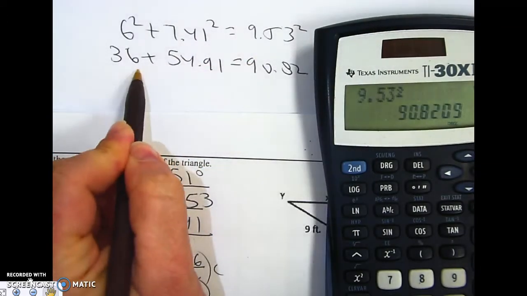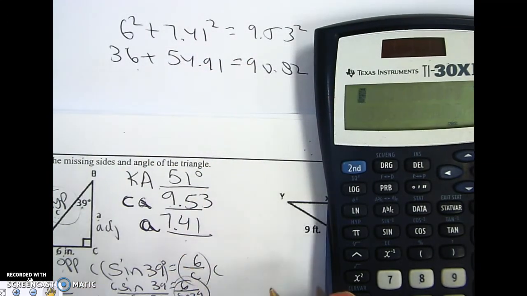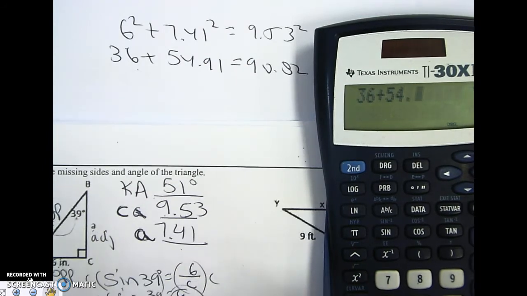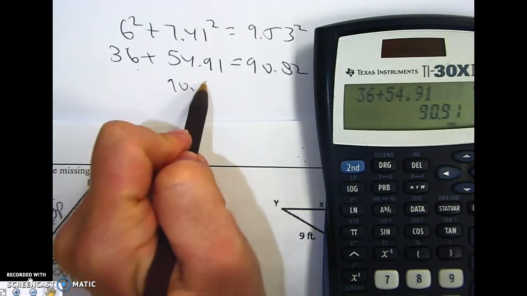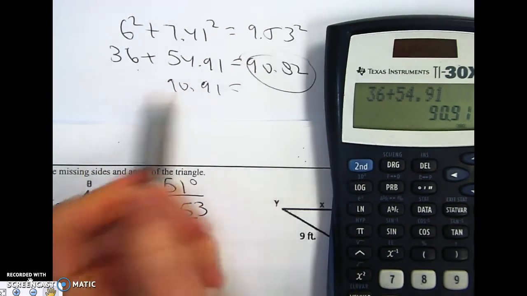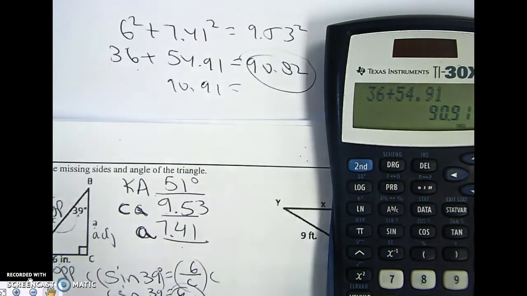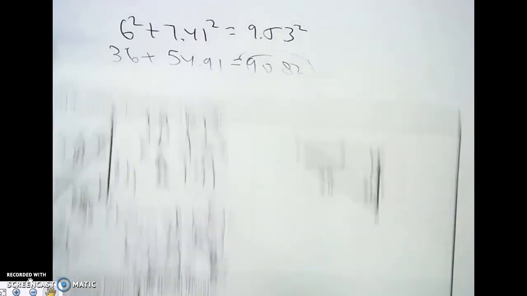So I'm going to add these two and see if it's close. 36 plus 54.91 is 90.91. The reason it's not perfect is because we estimated, but I think you can see that I got the right answer. So always check if you can.